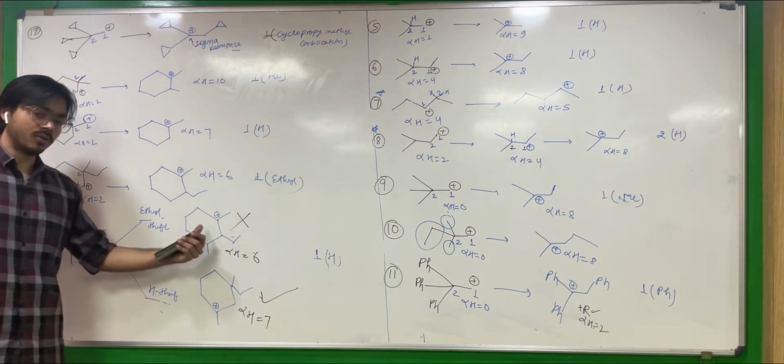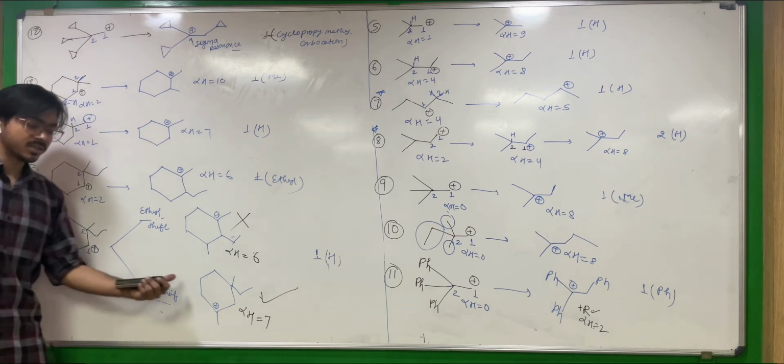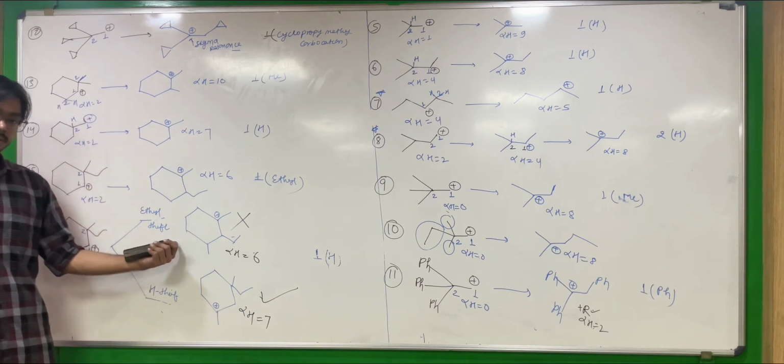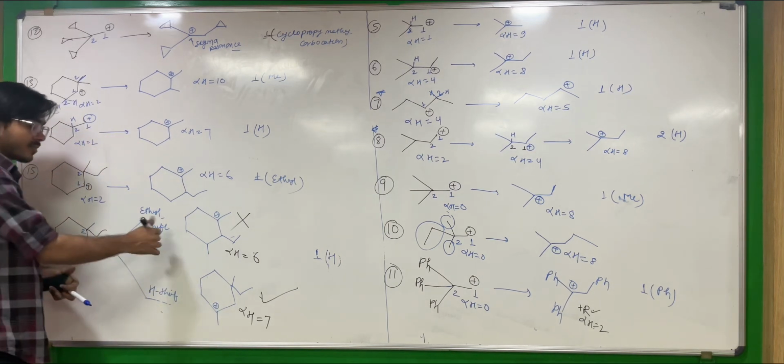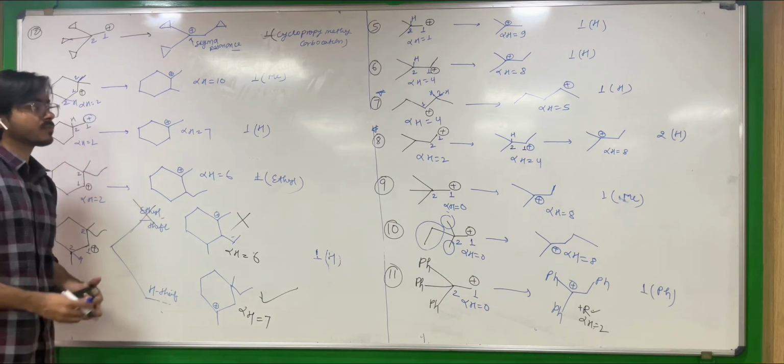This rearrangement will not take place, because if this carbocation rearranges with this carbon, with a hydride shift taking place, then a more stable carbocation is forming. That's why this is the correct one and this is the wrong one. In this case, this will not take place, and this hydride shift will take place.